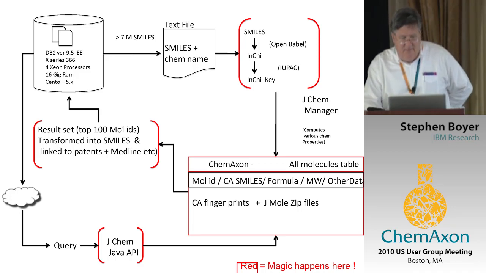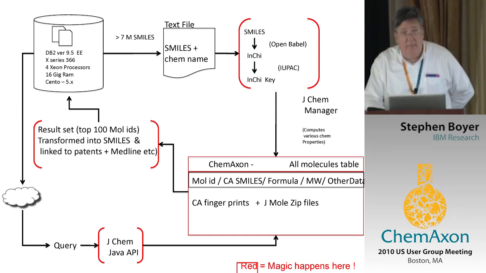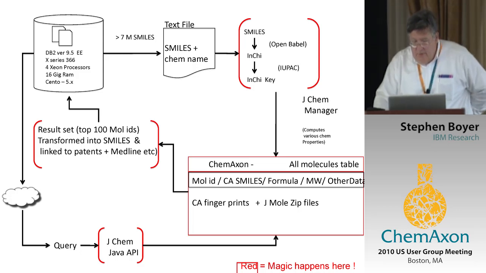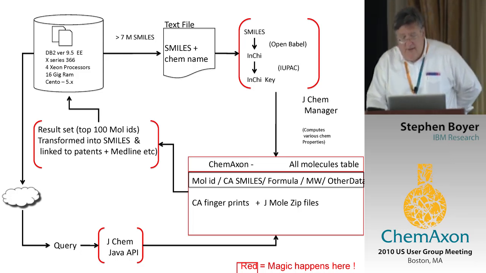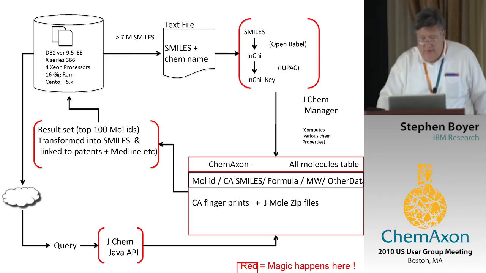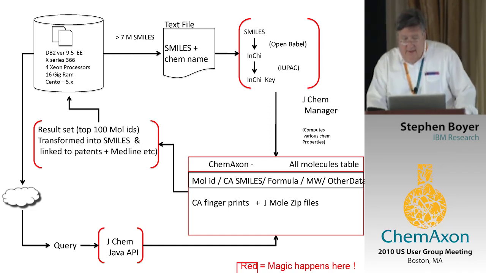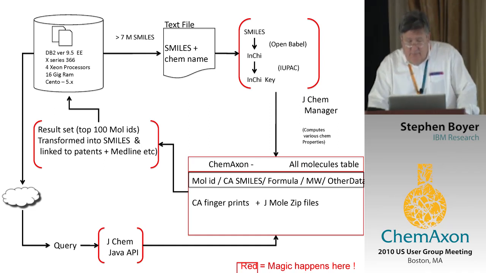And from that, we export millions of molecules. In this case, we did over 7 million molecules. And what we end up with is a SMILES string plus a chemical name. That was pulled into this red bracket, which is where this code happens. It's the API, which enables you to convert the SMILES into InChIs and then into InChI keys. And then they use the JChem manager to build what we call the ChemAxon All Molecules table.